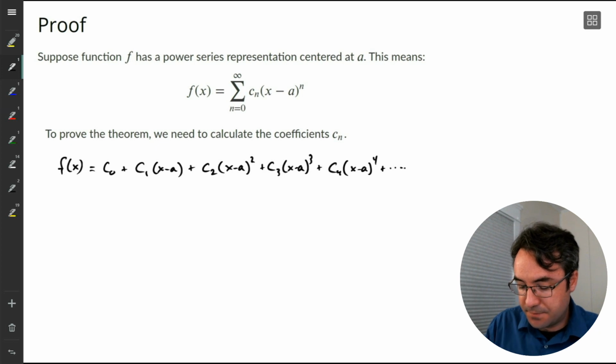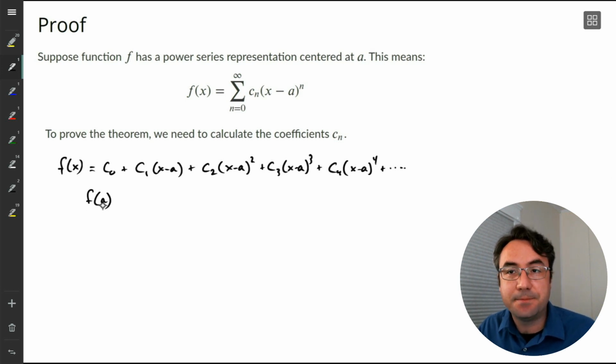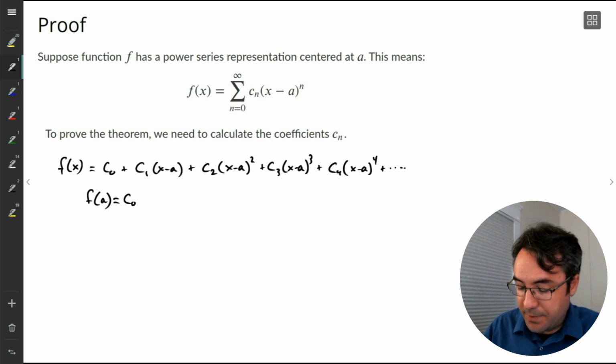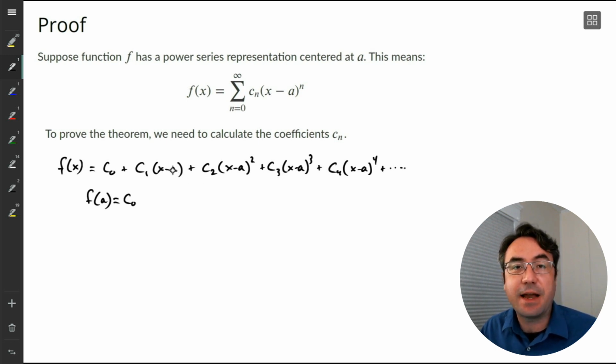So let's plug our center value a into this power series representation. And when we do that, c sub 0 is just a constant, so that's what we're going to be left with. And then all of the remaining terms here have this x minus a factor.